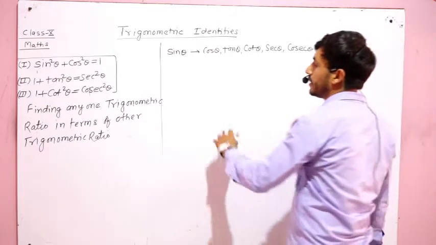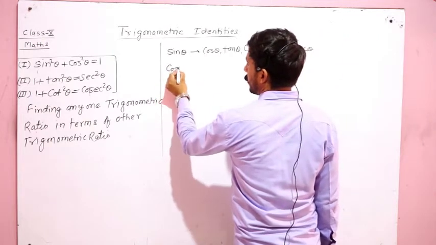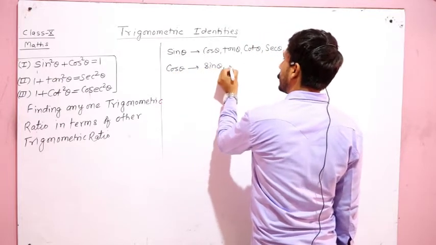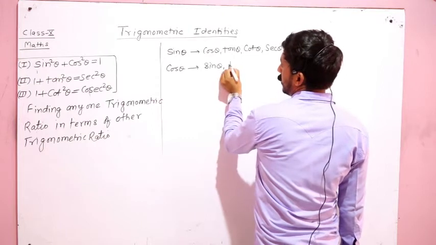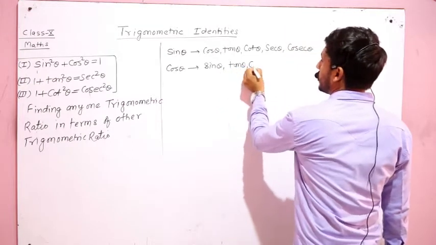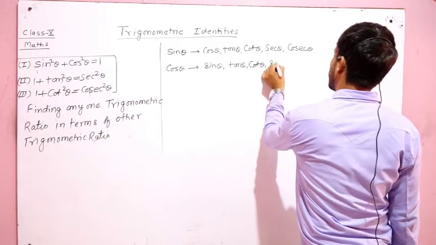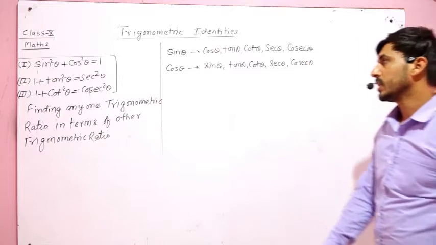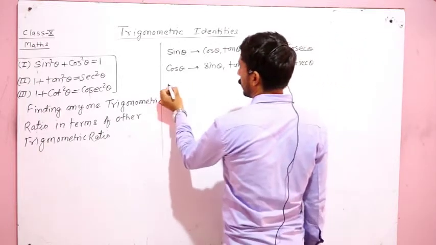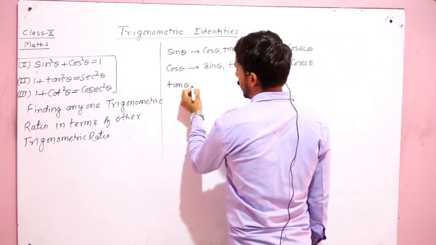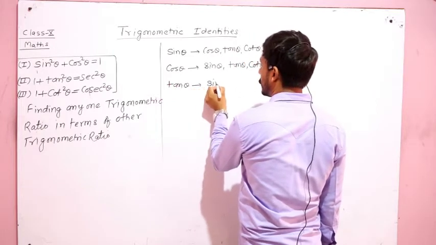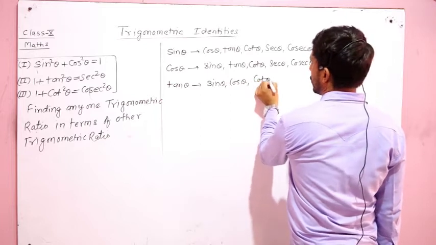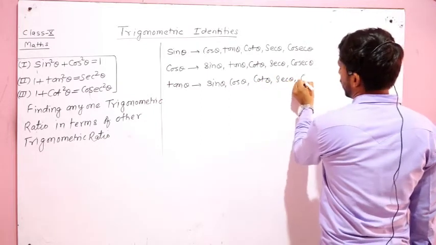Second, we found the value of cos theta in terms of sin theta, tan theta, cot theta, sec theta, and cosec theta. Third is tan theta in terms of sin theta, cos theta, cot theta, sec theta, and cosec theta.